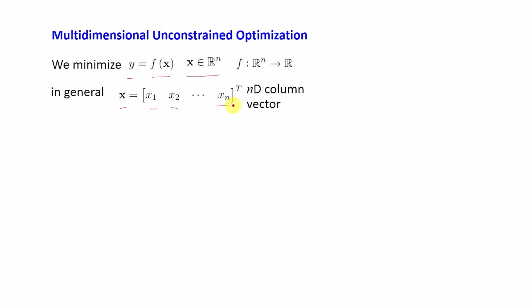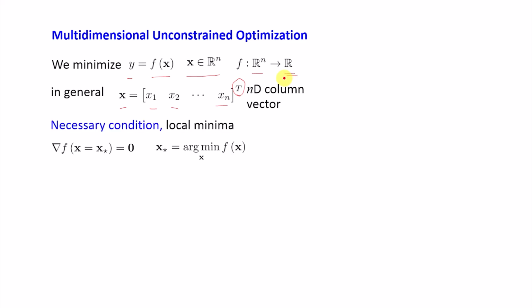Usually we take that as a column vector, therefore we have used this sign transpose here. F is a function that takes an object from Rn, that means an n-dimensional vector from real space, and gives back an object in R, that means it gives a real scalar.